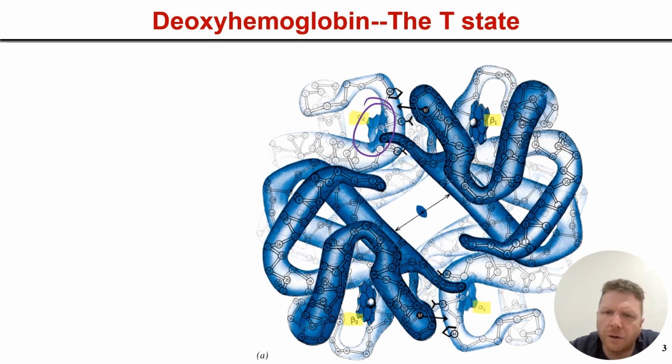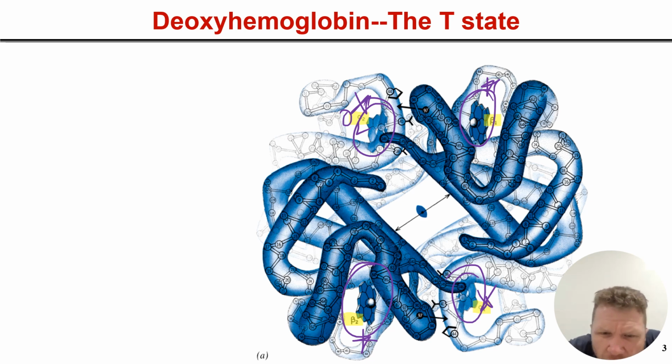Your heme rings are here, here, here, and here. So O2 is going to bind in this location, this, and this location. Whenever that happens, we're going to see all these different helices move, which, if I remember correctly, I'm going to mark with a black line. We're going to see movement here, that alpha helix, that one.